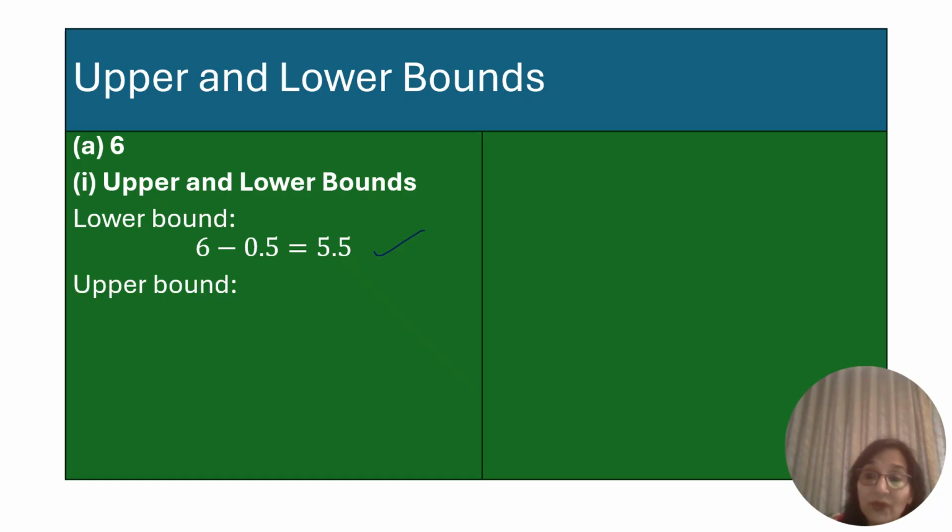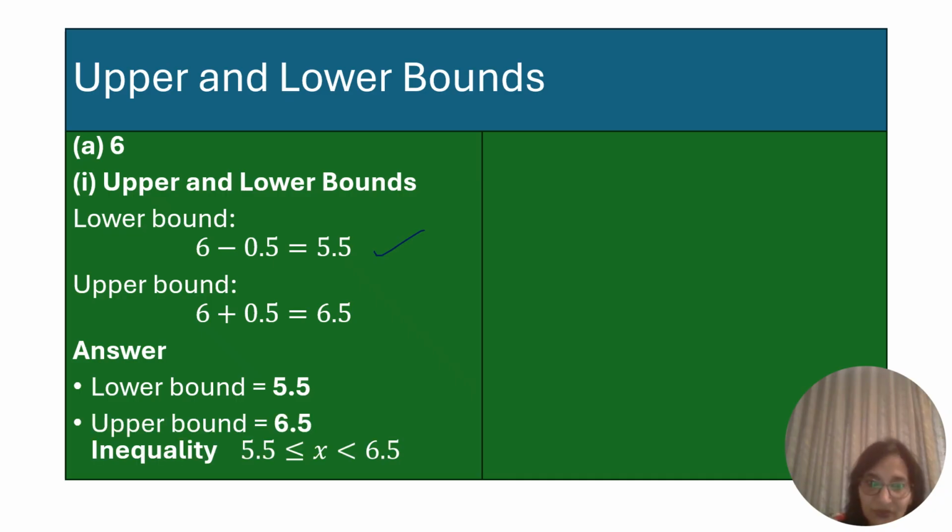Likewise, for the upper bound, 6 plus 0.5 will give you 6.5. So your answer for the lower bound is 5.5 and the upper bound is 6.5. You put it in an inequality: 5.5 is less than or equal to x less than 6.5. So this is your answer.